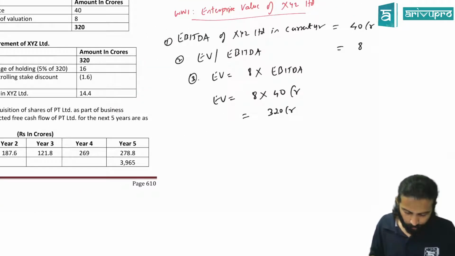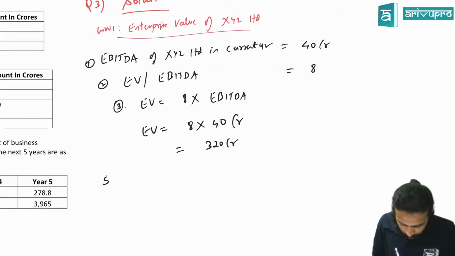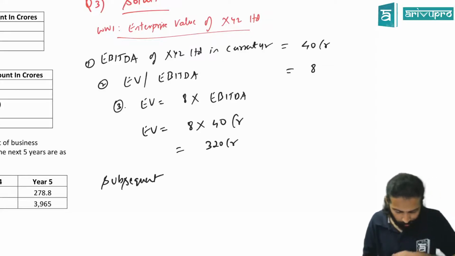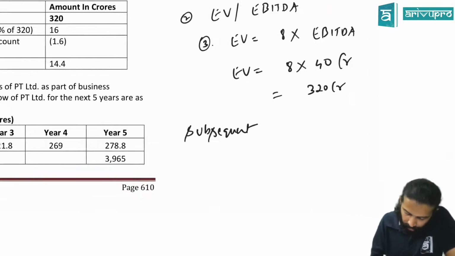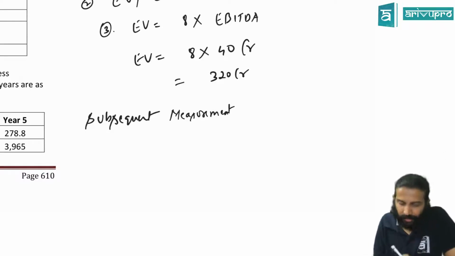Next is to find out the value of investment. You can write the heading as subsequent measurement of XYZ investment. This is a requirement they've asked, so we'll just write it as a heading, not a working note.